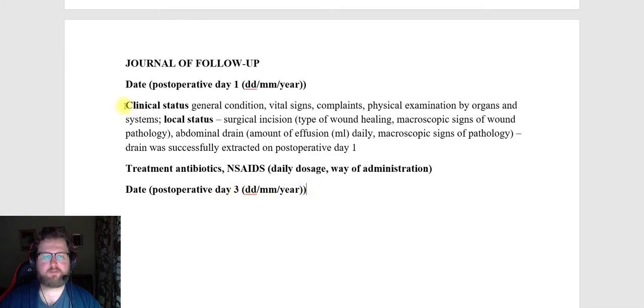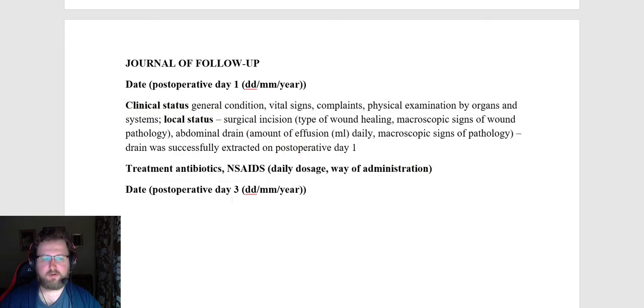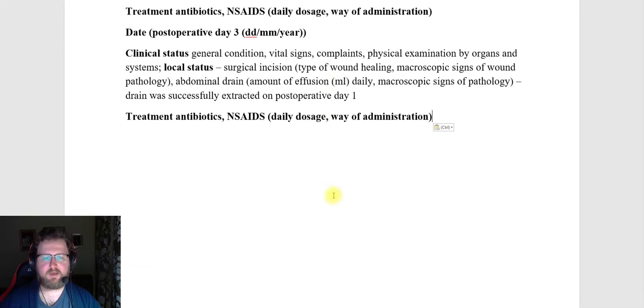You write everything which we've discussed previously, and after the treatment section you write out that the patient's postoperative period was uneventful.